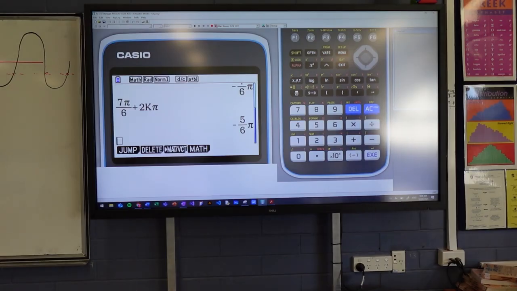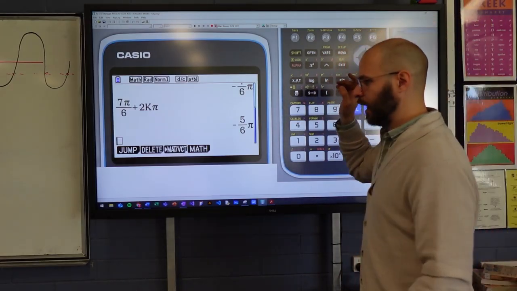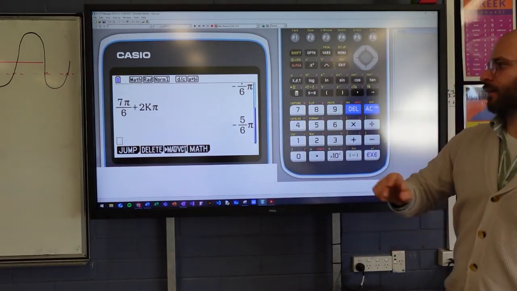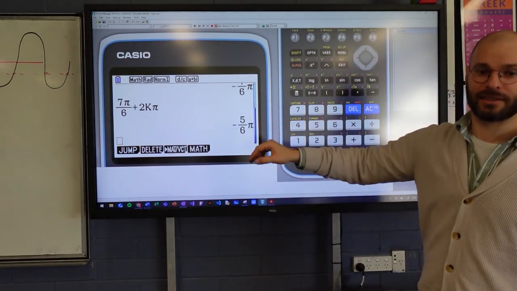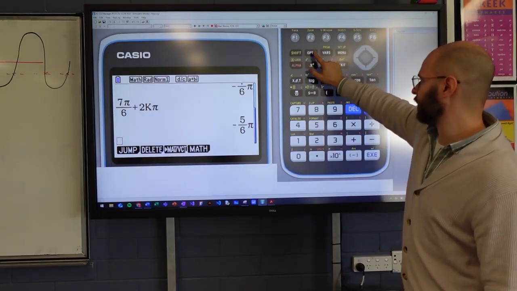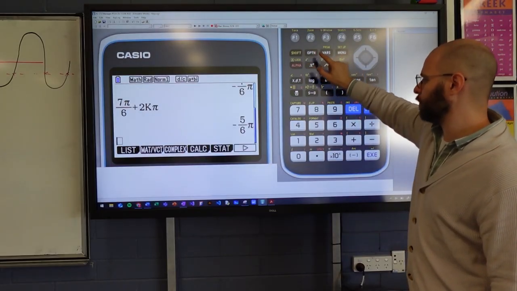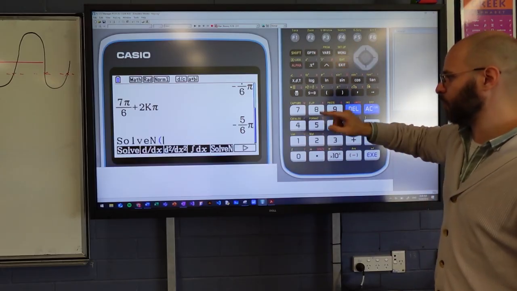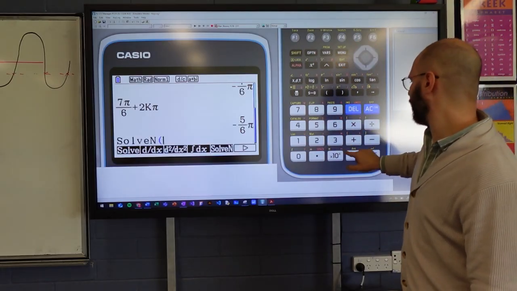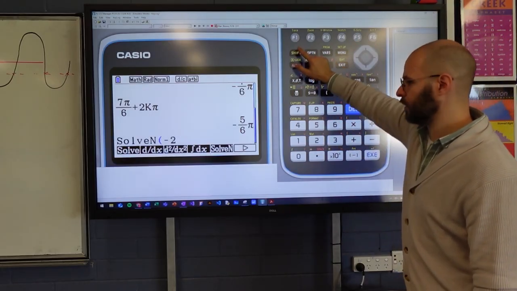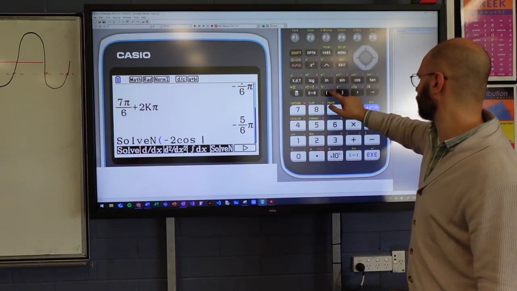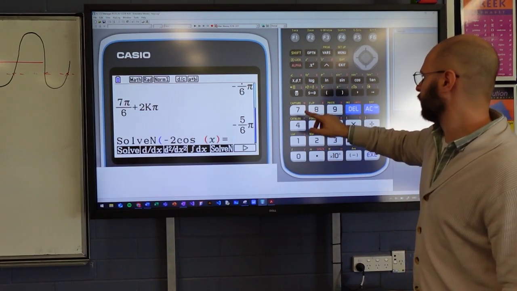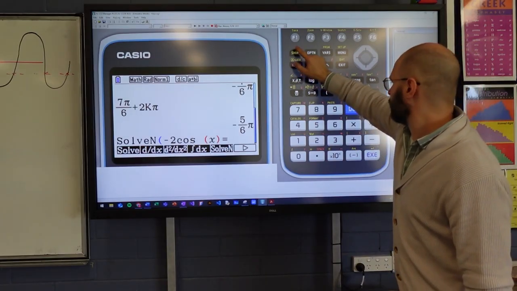All right, the quicker way to do this that you can use to verify, you can't do it to solve, you can do it to verify because you're going to get asked to do that analytically. The quicker way to do this is you go options, calc, solve n for multiple solutions, minus 2 cos x equals root 3.